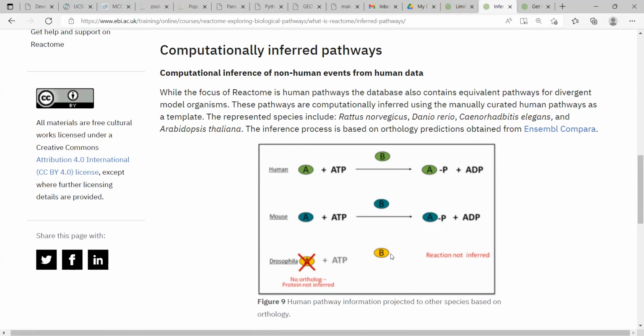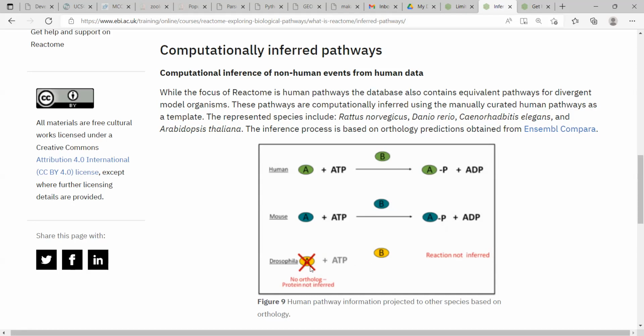But when we are projecting this, we found that human and mouse both have all these molecules present in that pathway, and they are exactly controlling the same set of reactions. But in the case of Drosophila, this molecule is not found, but B is there.